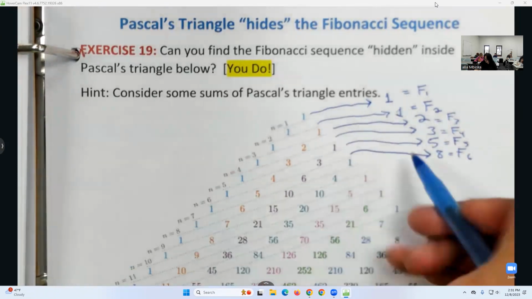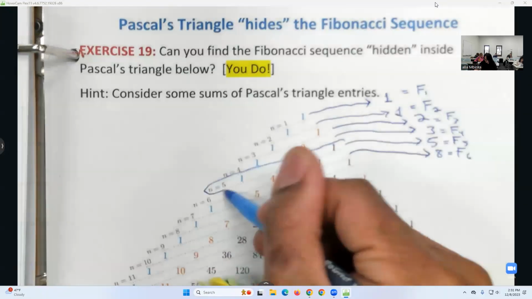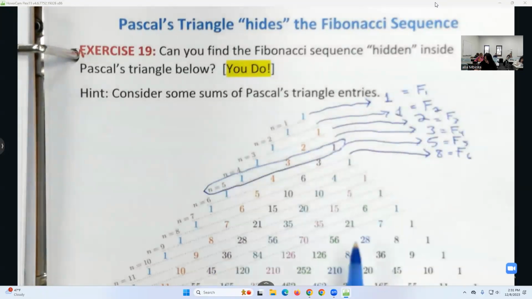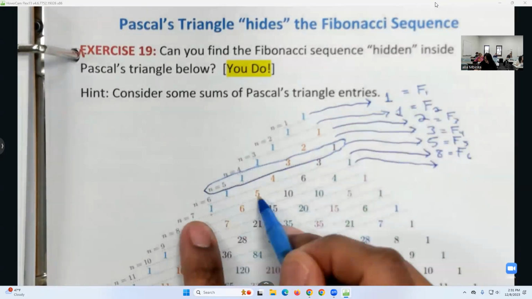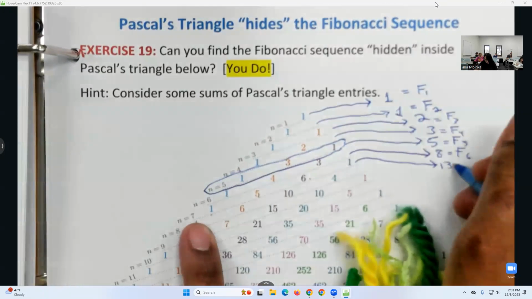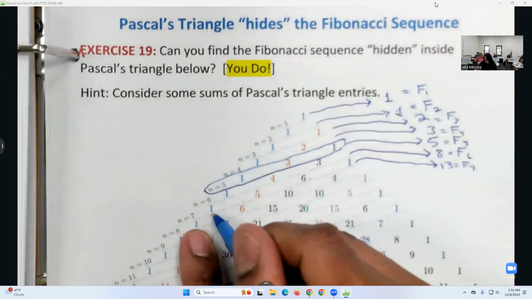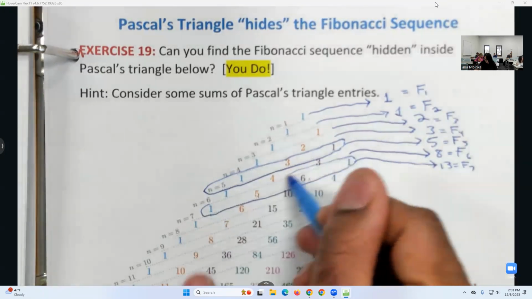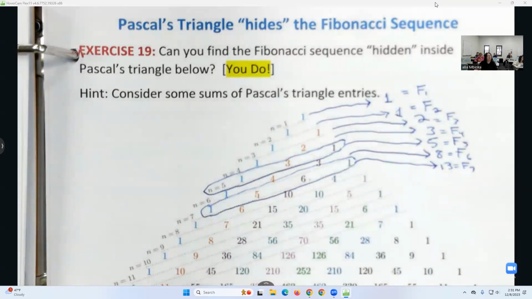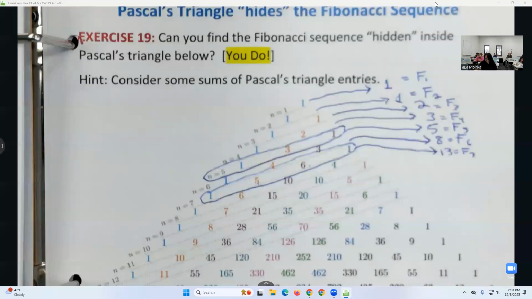And so F5 comes from the fifth slanty diagonal. So this is kind of cool. The next one better be 13, is it? 1 plus 5 plus 6 plus 1 is 13, which is F7. How many more am I gonna do? Maybe I'll just stop. Okay, that's it. We're gonna get the Fibonacci numbers. So it's not hiding in Pascal's triangle, it is in your face.